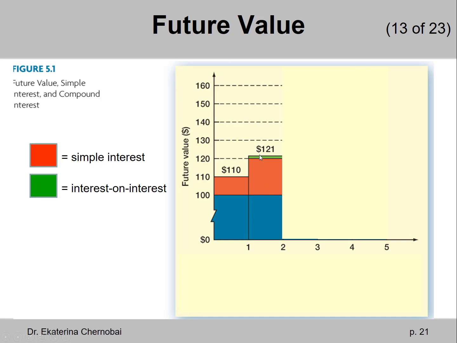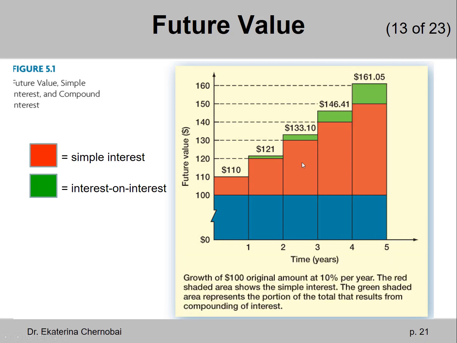But you also have $1 extra. That is interest on interest. In the third year, you earn the simple interest of $10 again, and you earn extra interest on interest from before. So things get a lot more complicated here, but the idea is with each year you earn your simple interest, so it's like you go upstairs, same height steps, $10 each.